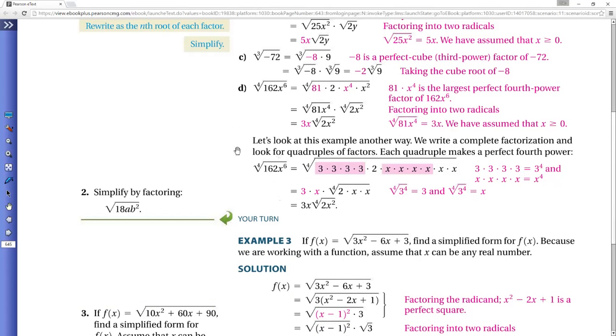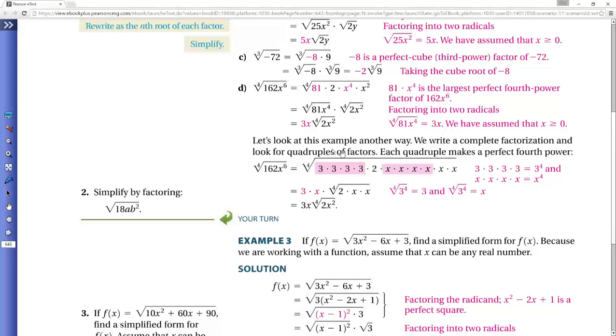Well, they're going to show us something here which is very important, because like I said, if I'm looking for perfect 4th power stuff, that's not so easy to see in numbers. Well, why don't we prime factor everything?